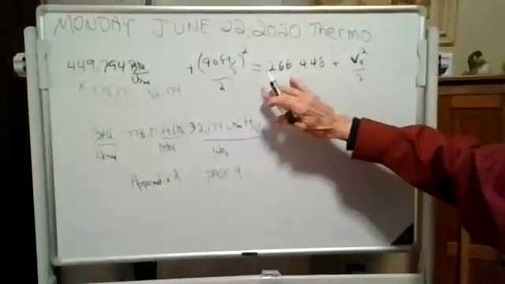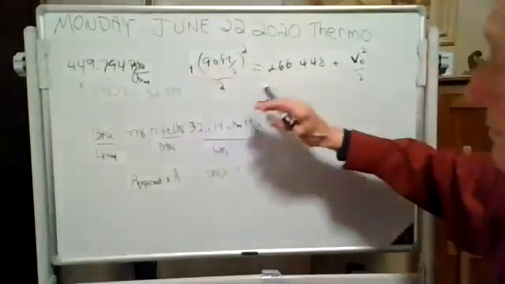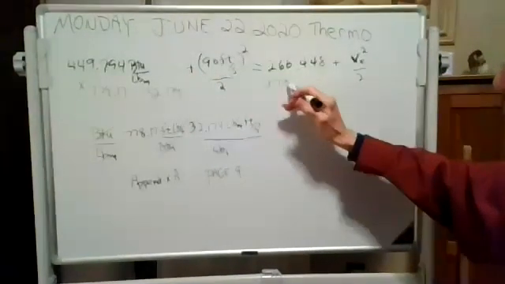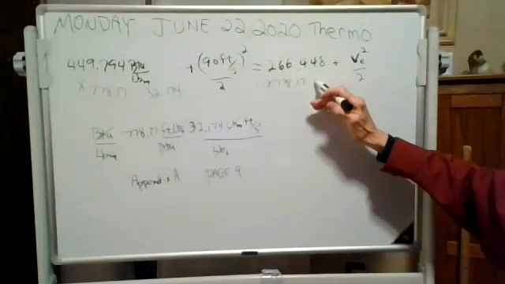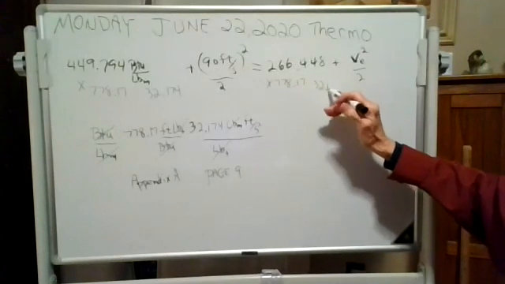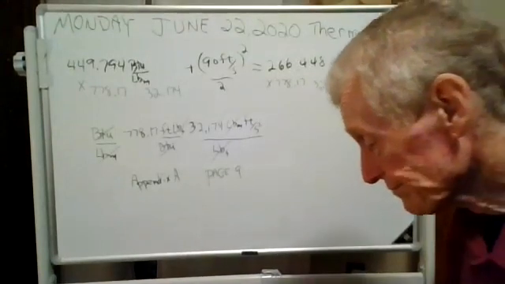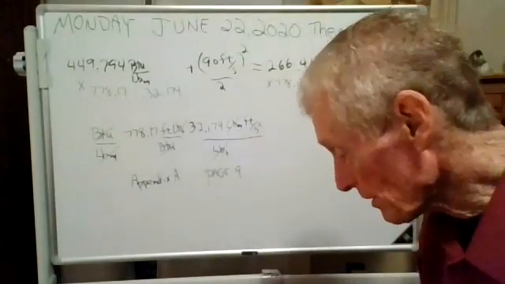But you have to do the same thing to this number. See, that's in BTUs per pound mass. So you've got to multiply that number by 778.17, and you have to multiply that number by 32.174. Okay, now, we did this last Wednesday, and we're having a review here.